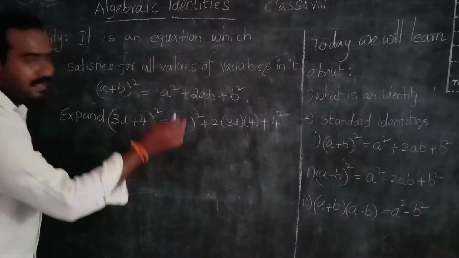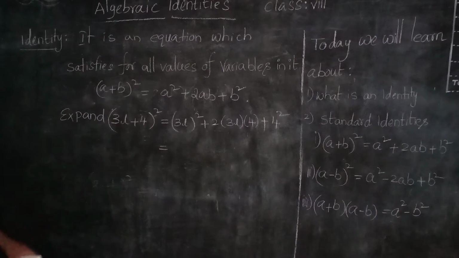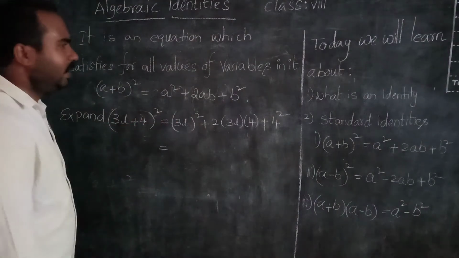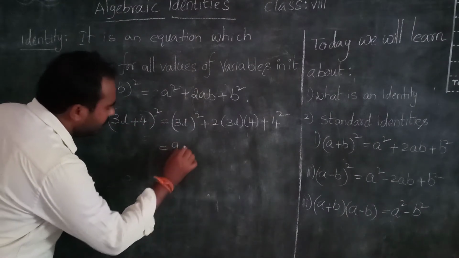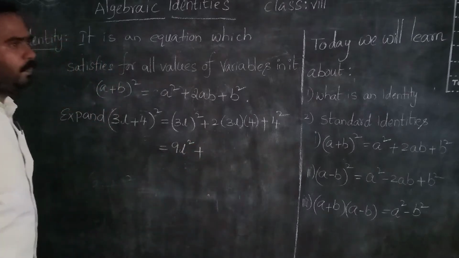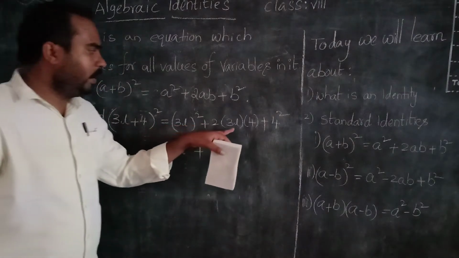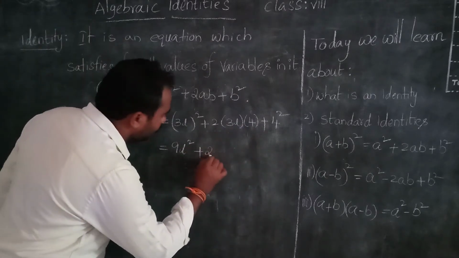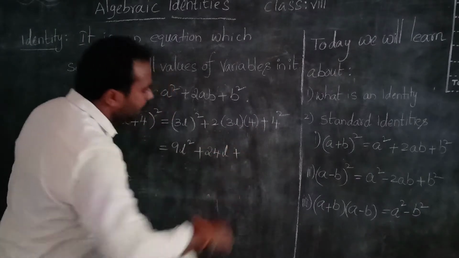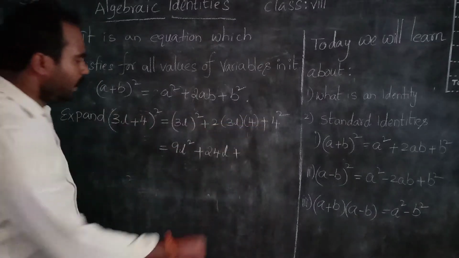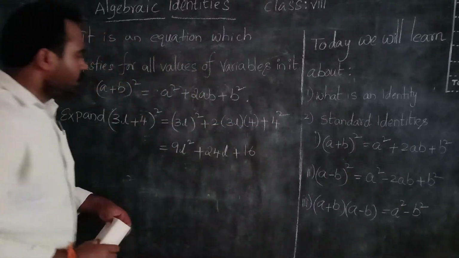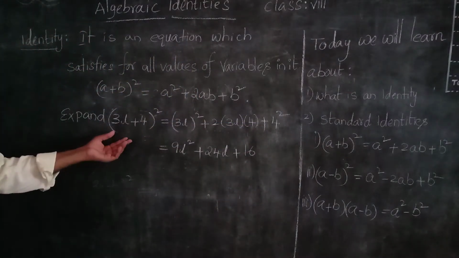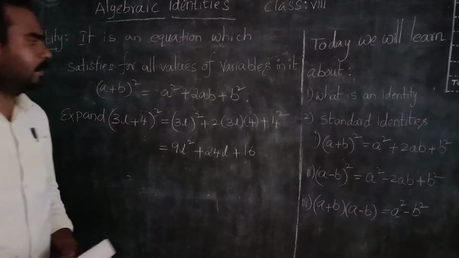What is (3l) square? 3l into 3l, 9l square, plus 2 into 3, 6, 6 into 4, 24l, plus 4 square, 16. So this is the expansion of (3l plus 4) whole square.